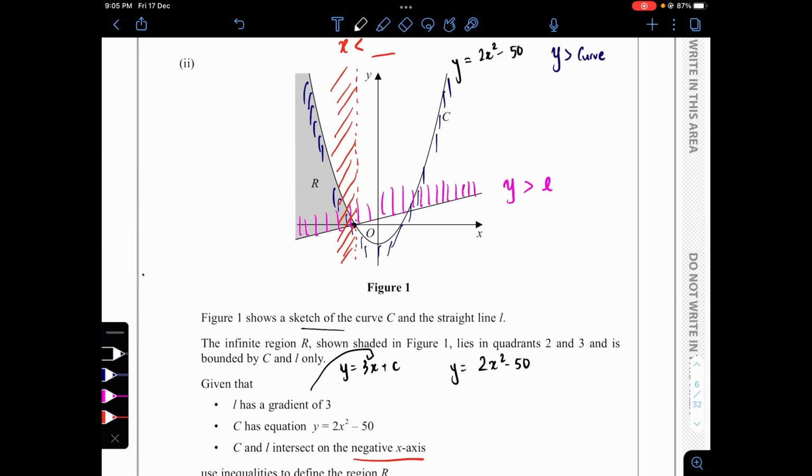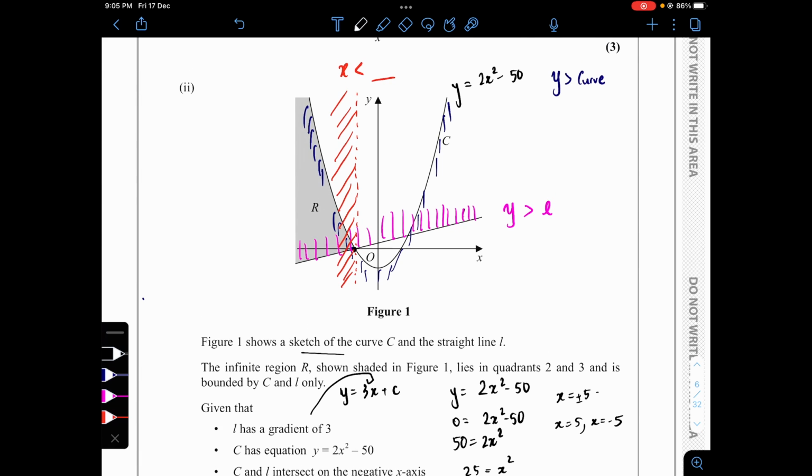Now we equate to 0, so 0 equals 2x squared minus 50. 50 goes to the other side, 50 equals 2x squared, so x squared equals 25. So x equals the root of 25, which is plus or minus 5. So x equals 5, x equals negative 5. Which one are we looking for? This is negative 5, so we know that this value over here is negative 5.